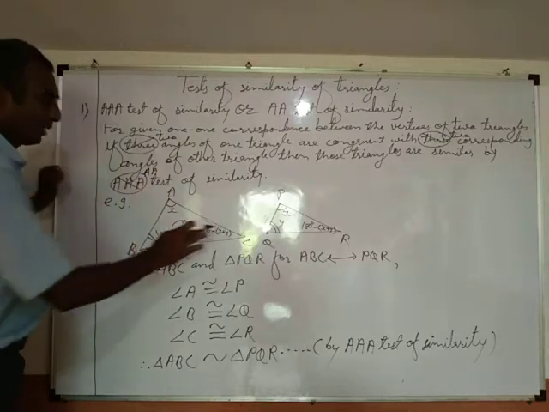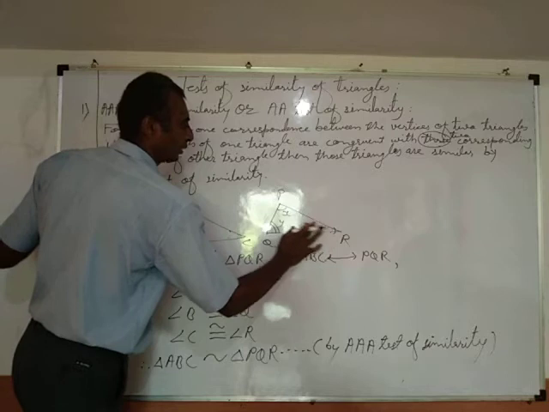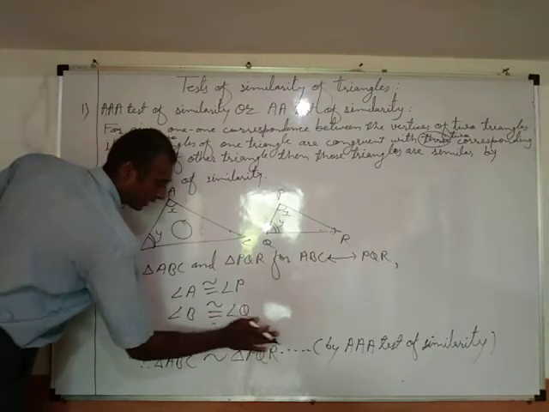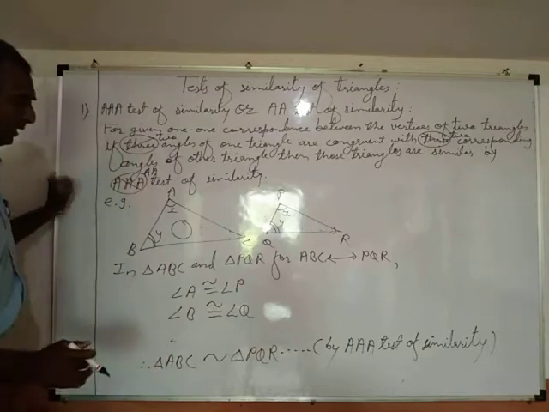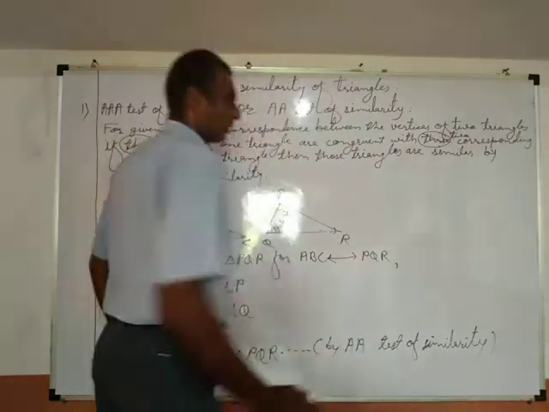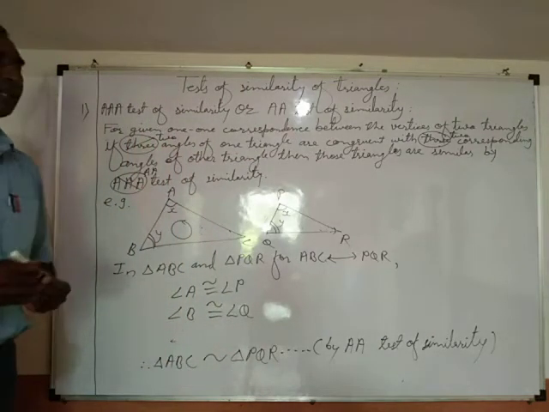Okay, now it is sufficient to show two angles of one triangle are congruent with two corresponding angles of other triangle, then triangles are similar by AA test of similarity. Let's see second test.